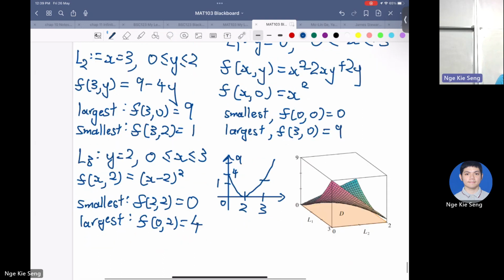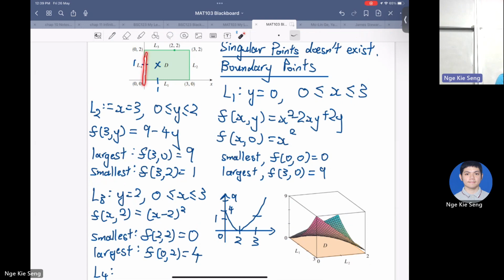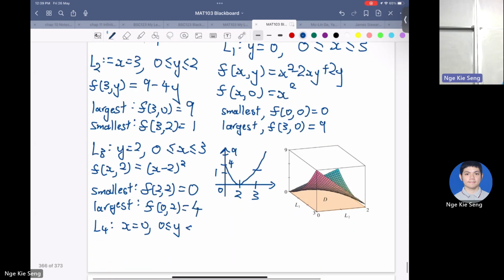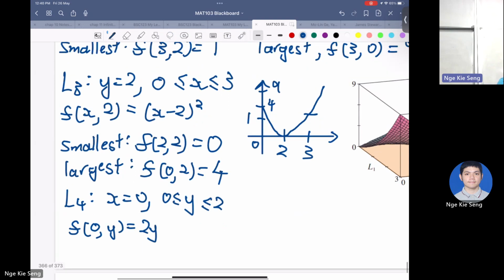So you keep going. What is L4? L4 is a line from (0, 0) to (0, 2). The x value is fixed, so it is the line x equals 0 with y from 0 to 2. In this case, we reduce to the graph of y squared. This is relatively easier.